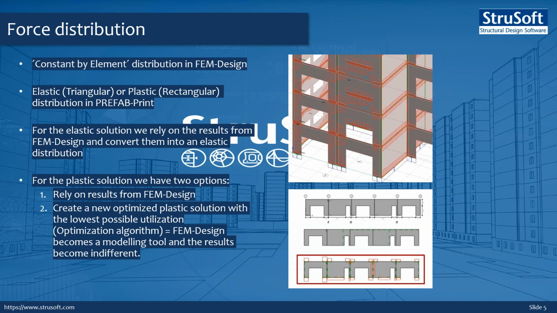So what Prefab Print does is that it converts this to either an elastic or plastic distribution, and you can choose which one of those you want to use. Also, recently we have developed a new optimized plastic solution if you choose the plastic force distribution, but we'll get to that.